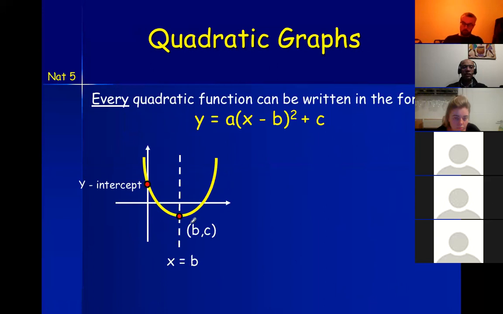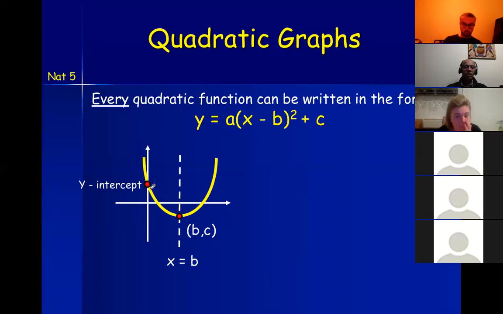As you can remember, I told you about the symmetry in your parabola where x equals b. I've got b and c here because when x equals b, b minus b is 0, and c is your turning point. So (b, c) is your turning point, and the y-intercept would just be when x equals 0.